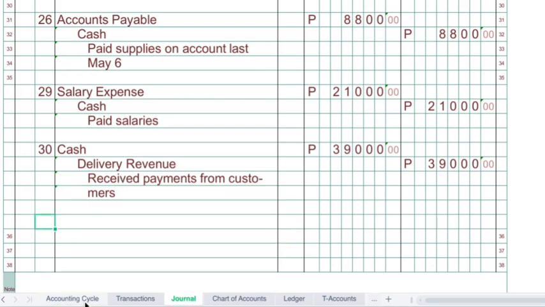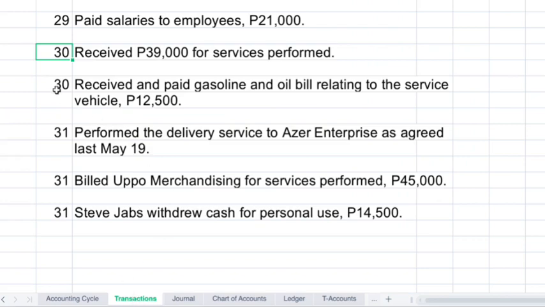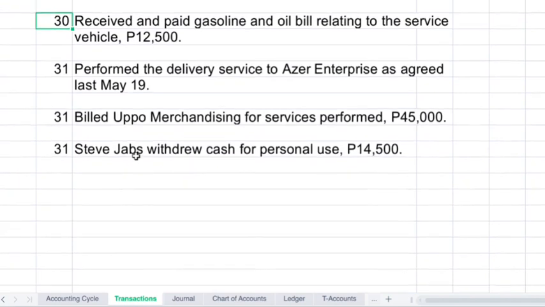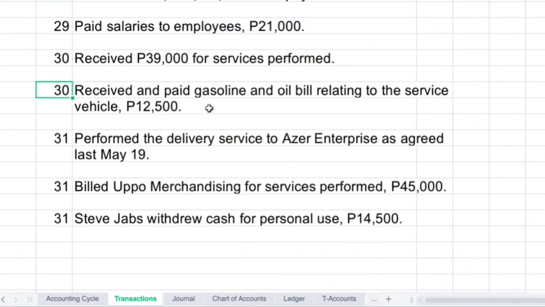Alright. Next transaction we have, still May 30. So this time naman we receive and paid gasoline and oil relating to the service vehicle. So 12,500. Okay, so bumili tayo ng gasoline and oil. So nagkaroon tayo ng bill for that. And we paid that. So what are the accounts affected here? So gasoline and oil is an expense. Okay?